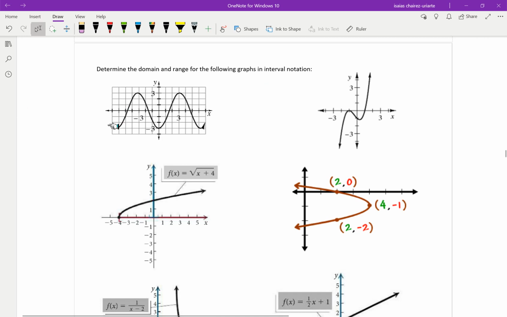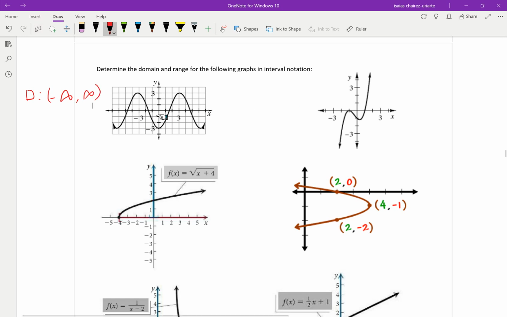I see that this little arrow is indicating that this pattern keeps on going. This little wavy thing just keeps on going forever to the left and forever to the right. So I am going to conclude that my domain for this graph is from -infinity to +infinity.